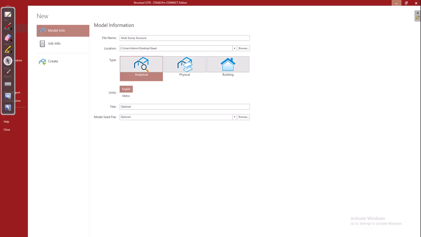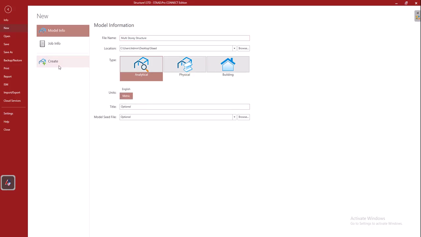So now I am going to start this part. In this, I am going to take the Connect Edition version. I will name it multi-story structure. I am going to save all the folders in a particular location, and for the analytical model I am going to take the metric unit.